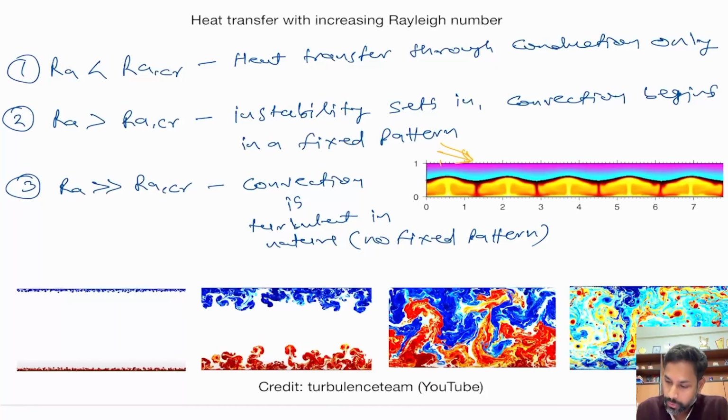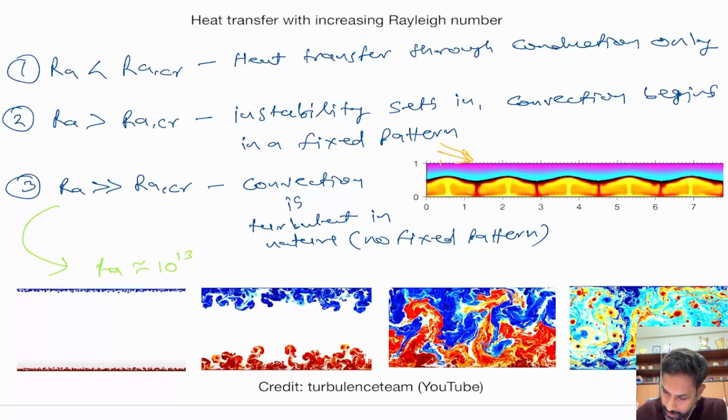Okay, so that is shown here in this example, case 3. So this is for Rayleigh number of almost 10 to the power 13, which is extremely large, right? And in the beginning, obviously, it starts with some perturbation, but you can see there is no such fixed pattern.